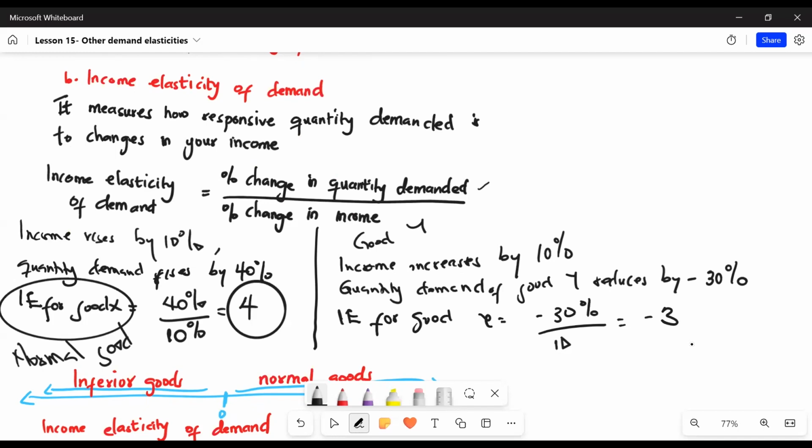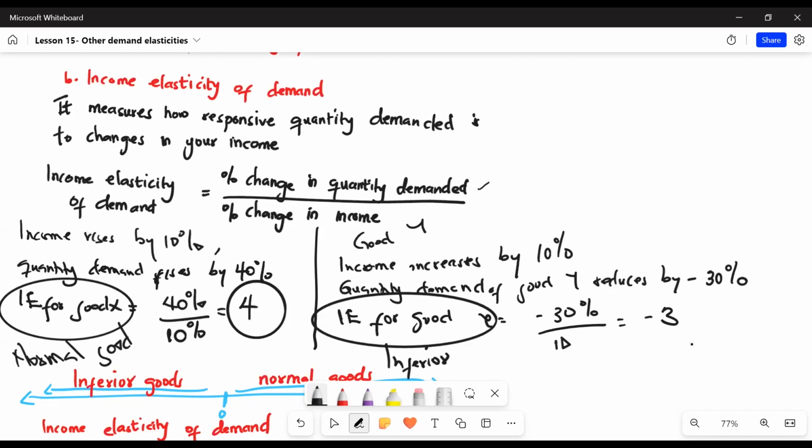Now if you calculate income elasticity and it's negative, then the good is an inferior good. So in this example, good Y is an inferior good. An inferior good is just a good for which your demand decreases as your income increases, and your demand increases as your income decreases.